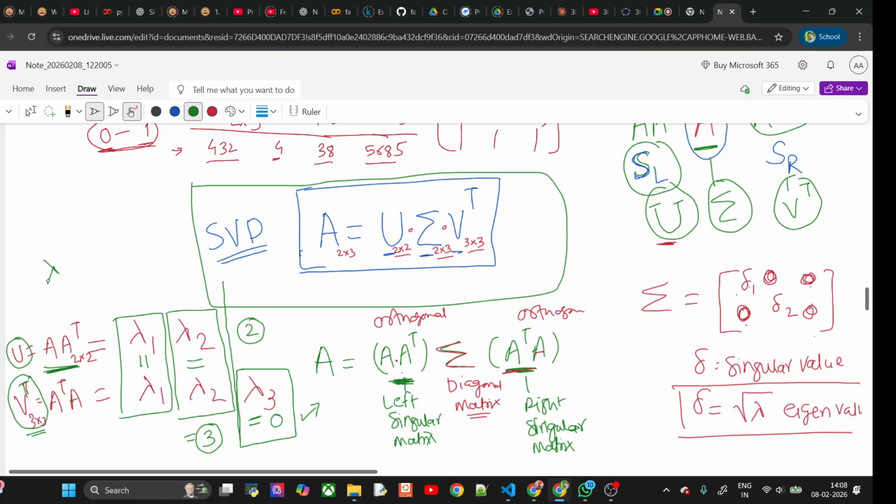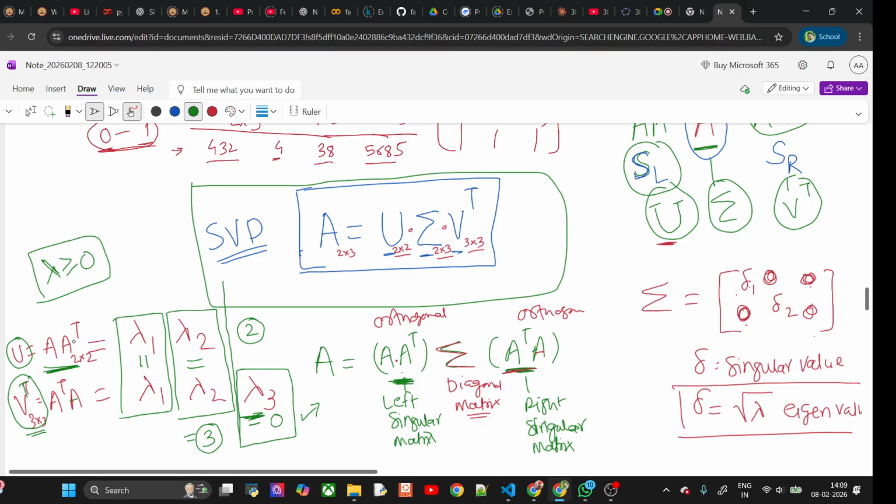Definite matrix means lambda is always greater than 0. Semi-definite matrix means lambda is 0 or greater than 0, so they are positive values, 0 or greater than 0.